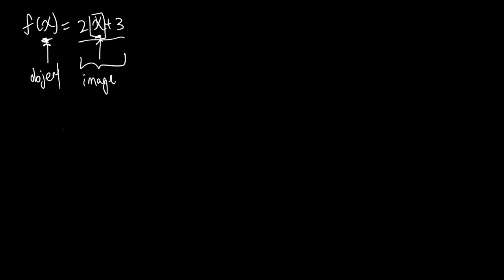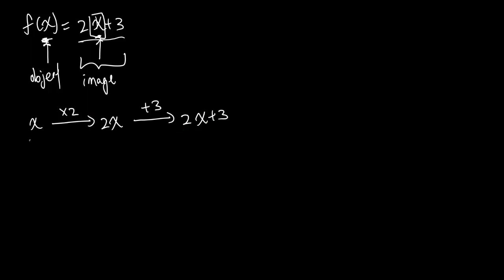The process of making this x into 2x plus 3 is as follows. Let's say we have an object x. We will first multiply it with 2 to get 2x, and then we will plus 3 to make it into 2x plus 3.